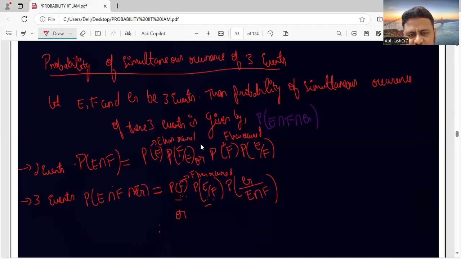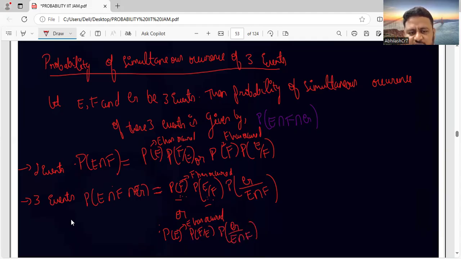I'm writing this for your reference. Now here you can also write the probability of E, where event E has occurred already. Then you are finding the probability of F with respect to E. So this becomes the probability of F given E. But this third term remains the same: the probability of G with respect to E intersection F.